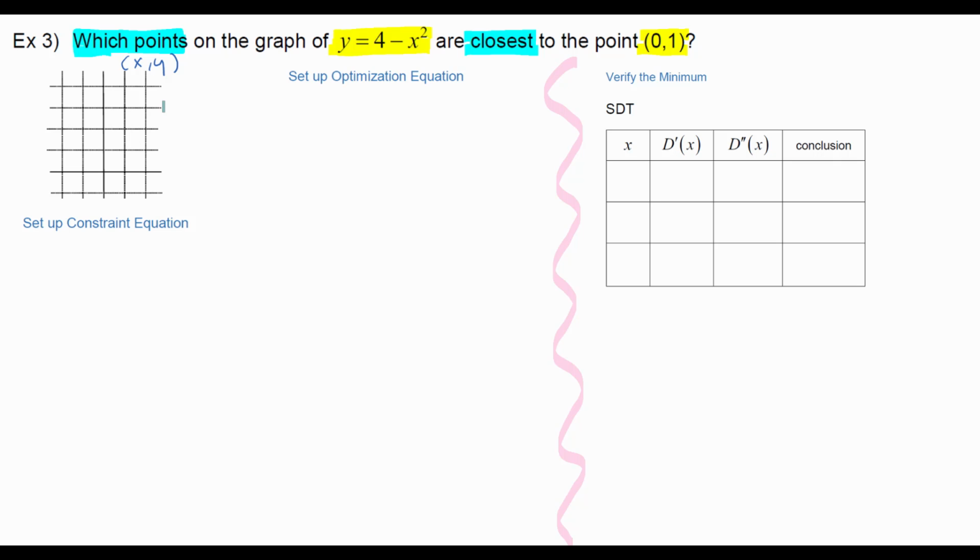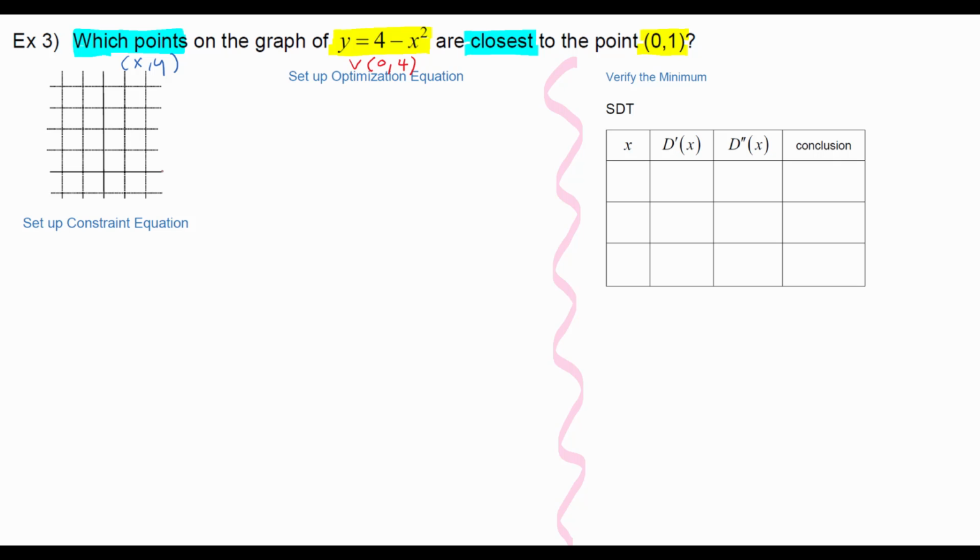So now, let's try to graph y equals 4 minus x squared. That would give us a better idea what we're trying to do here. It is a pretty simple graph. The vertex is (0, 4), and it's a parabola upside down since the leading coefficient is -1.